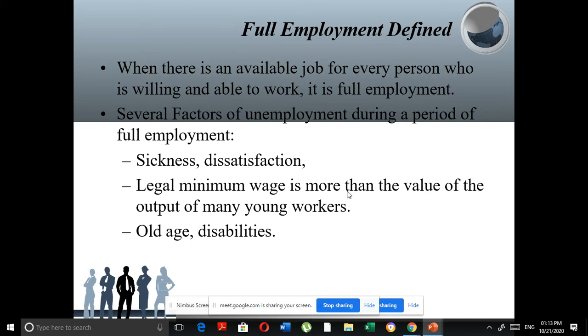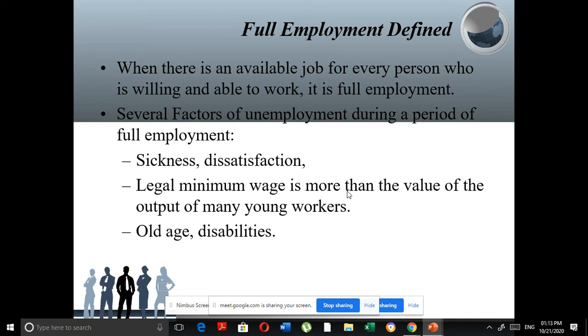But the definition of full employment is when there is an available job for every person who is able to work, who can work, who is willing to work. In other words, frictional and structural unemployment are included in full employment. Why?